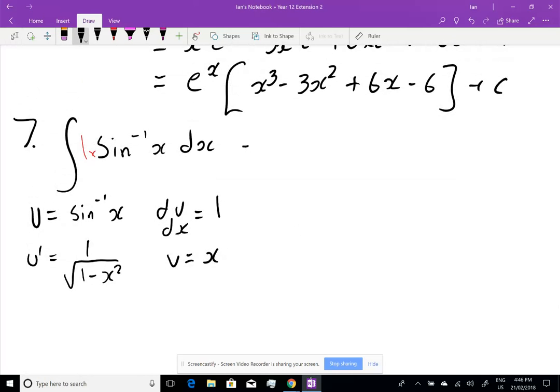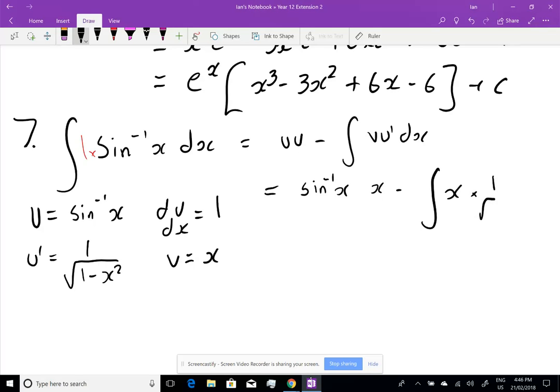Okay. Write your formula. uv minus the integral of vu dash dx. Okay. u is inverse sine x. v is x, integral of x times 1 on the square root of 1 minus x squared dx.